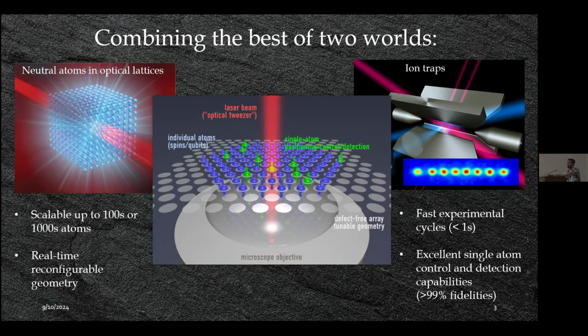So we are already talking about mesoscopic systems. And they also offer us the possibility to rearrange the geometry in real time. On the other hand, we have the ion trap world, which is famous for its fast experimental cycles and excellent single atom control and detection.